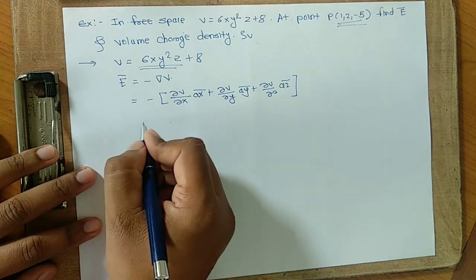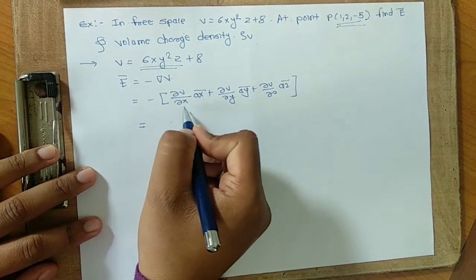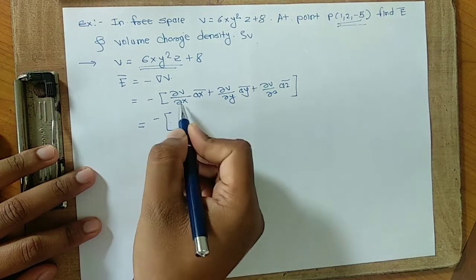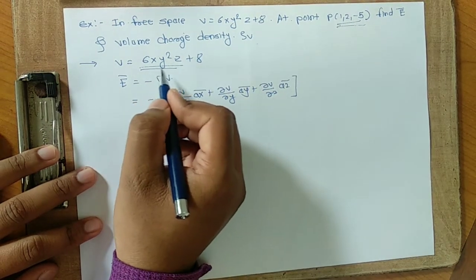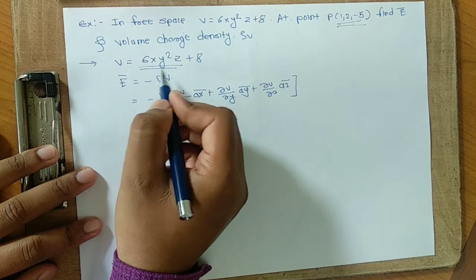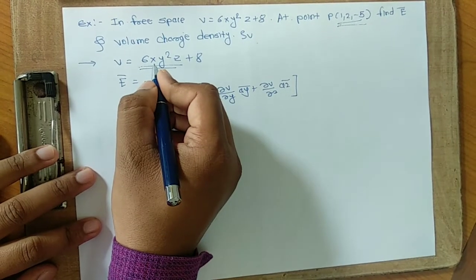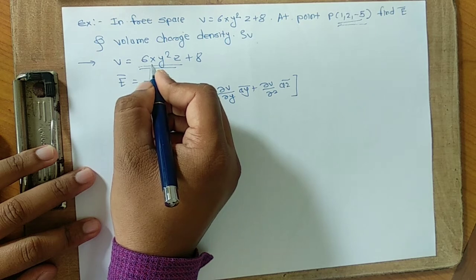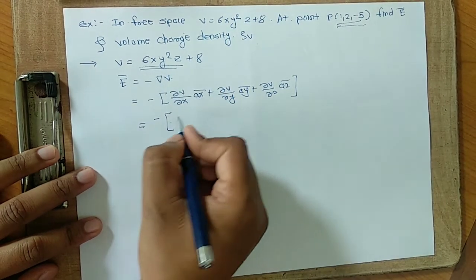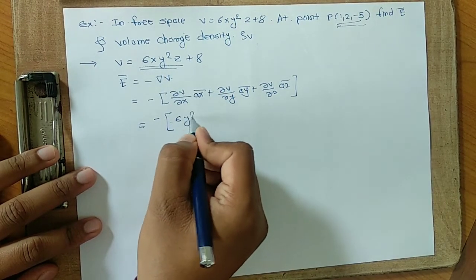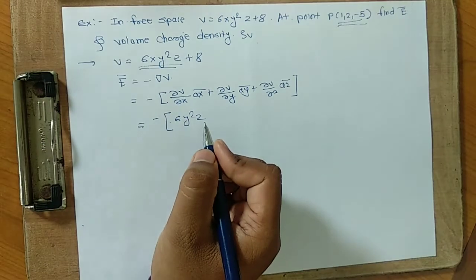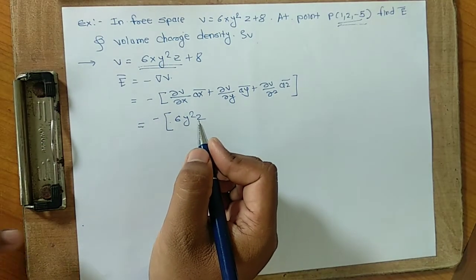Now for this V, I have to differentiate with respect to x only. If we differentiate with respect to x only, the derivative of x with respect to x is 1, so it is minus 6y²z, and the derivative of 8 is 0.